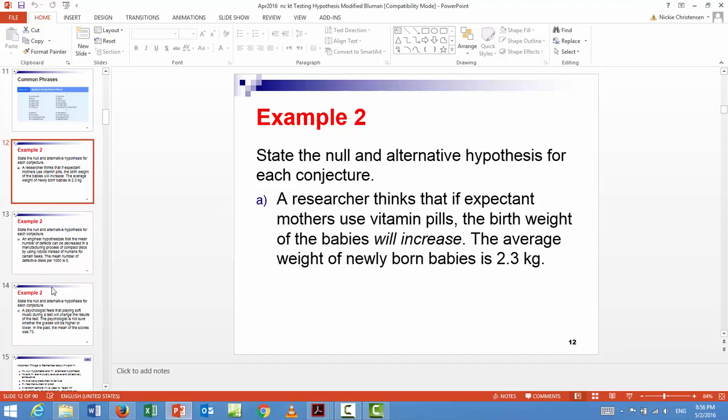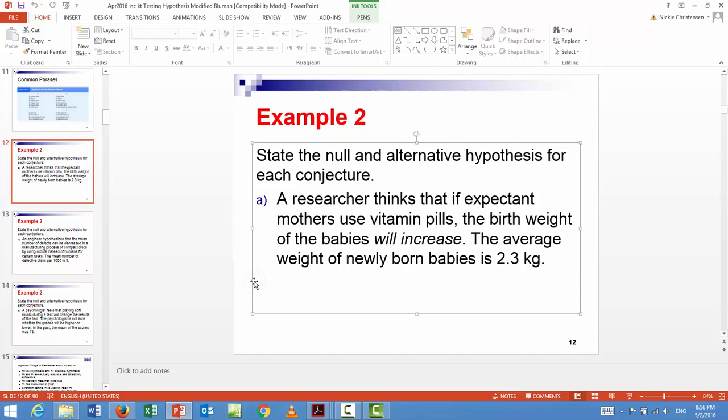For people who weren't in class or who weren't paying attention in class, it might be helpful to look at these. So this one says that the researcher thinks that if expectant mothers use vitamin pills, the birth weight of babies will increase, and that the average weight of newly born babies is 2.3 kilos.